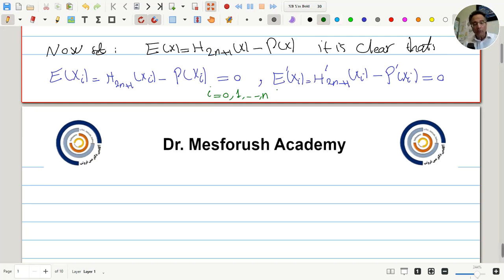Okay, so this means that e(x) has n+1 roots of order 2, because e(x_i) equals 0, e'(x_i) is equal to 0, and we know that this property in fact guarantees that the order of the root is second order.